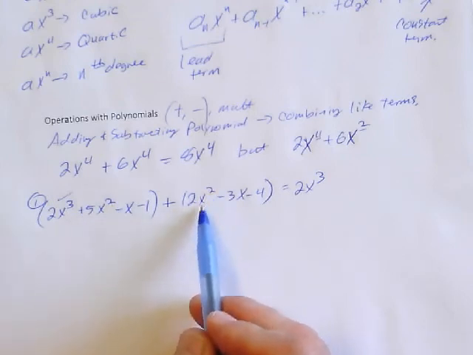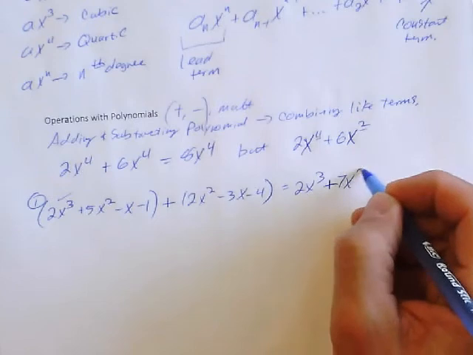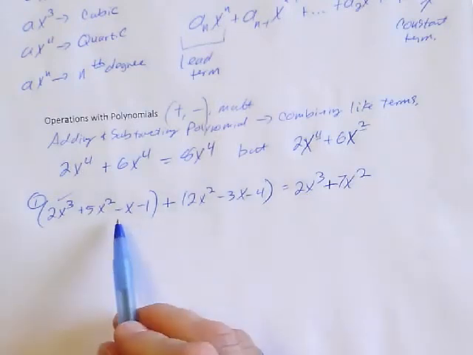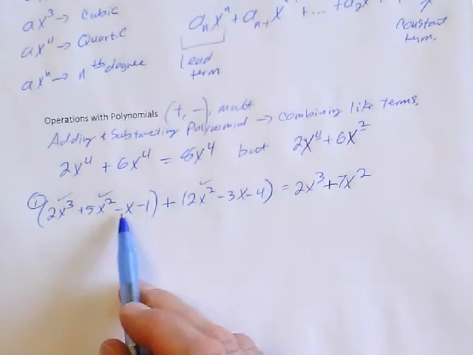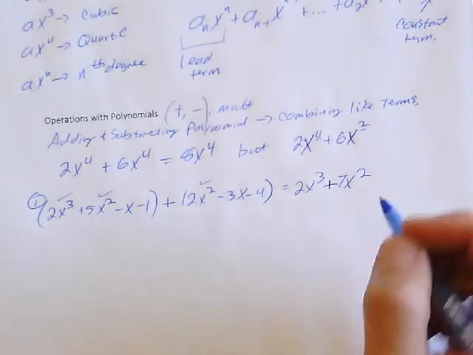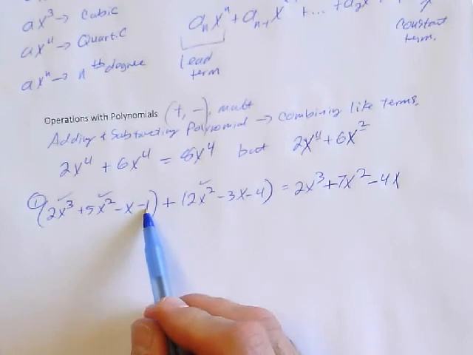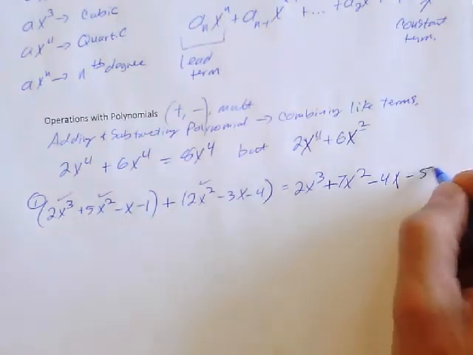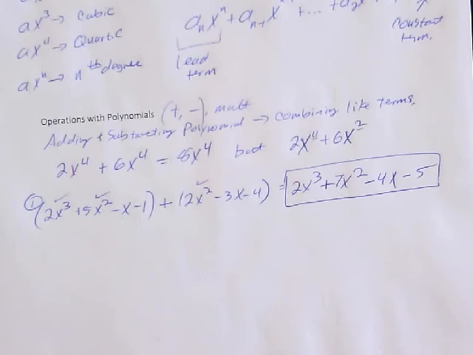Done. 5x squared, 2x squared, these are both x squareds, add those together, 7x squared. Negative x and a negative 3x gives us a negative 4x, and then a negative 1 plus a negative 4 gives us a negative 5. And that's that one.